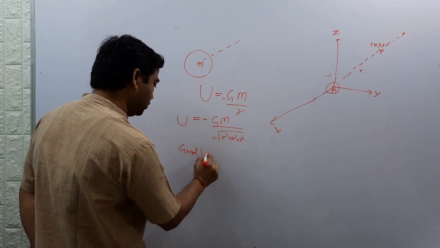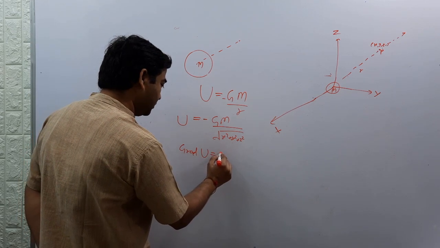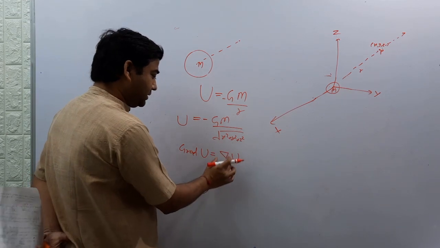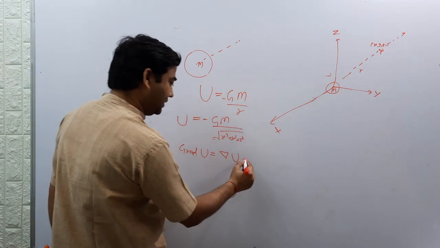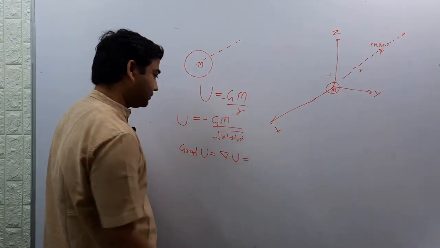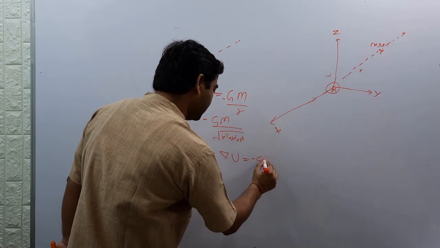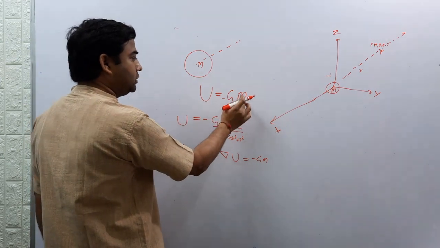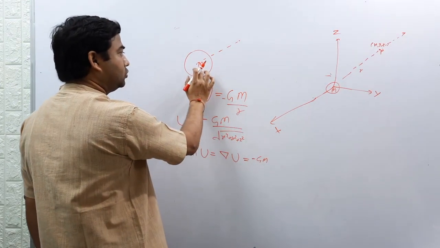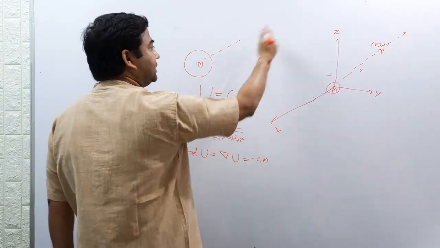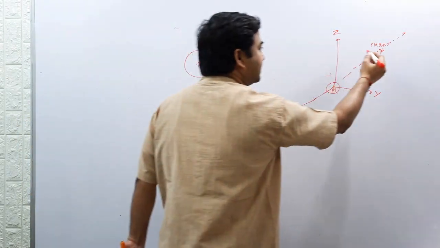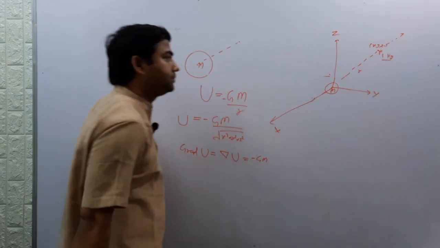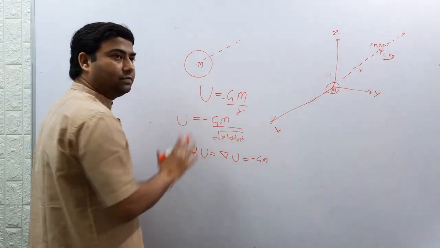Grad of u is equal to del u. Just use the expression of del. You can see minus Gm. This is potential energy for a unit mass. Due to this concentrated mass, there will be a gravitational field. For a unit mass placed at this point, 1 kilogram, unit mass, potential energy is given by this expression.